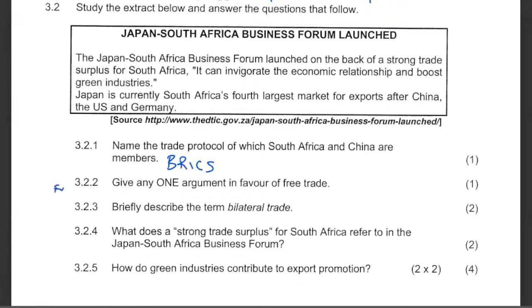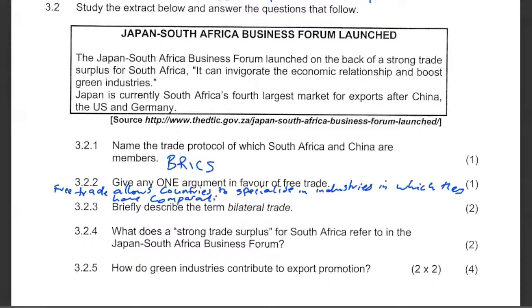You're saying that free trade allows countries to specialize in industries in which they have comparative advantage.